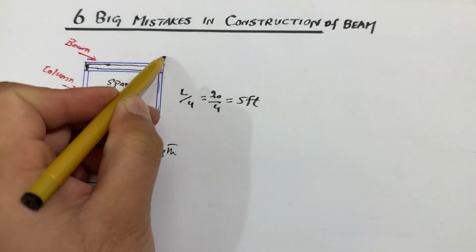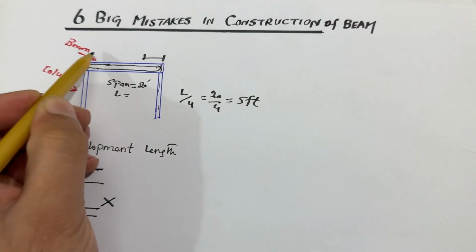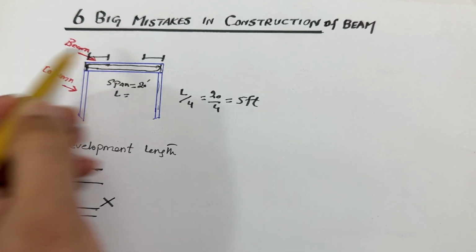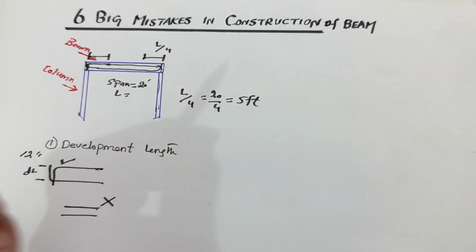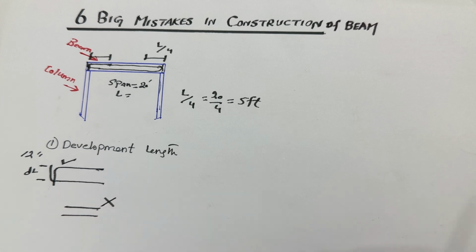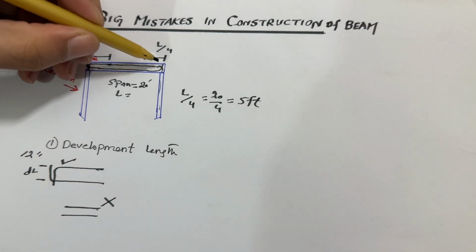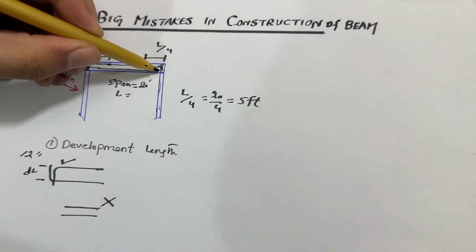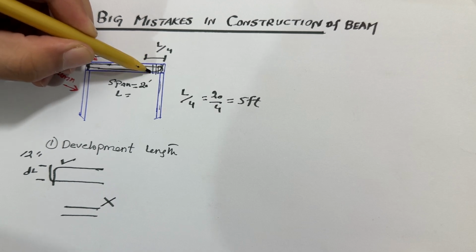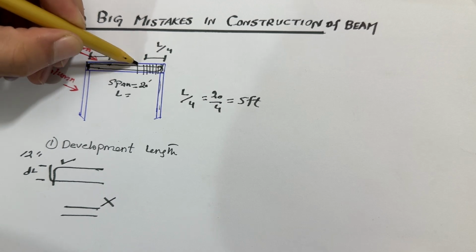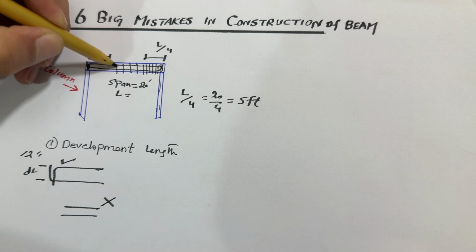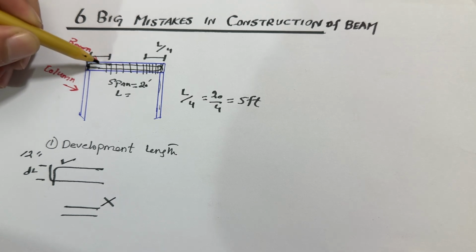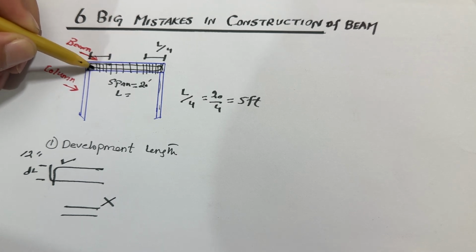This is called the L by 4 distance, where we have more chances of cracks. To resist cracks, here we should provide the stirrups closely. And then you can increase the spacing like this. Again at the distance of L by 4, it should be provided closely.